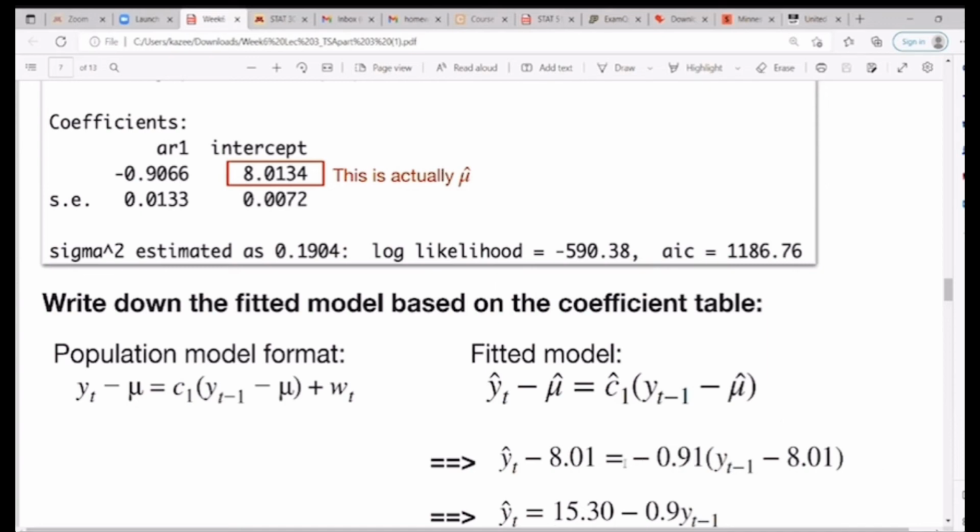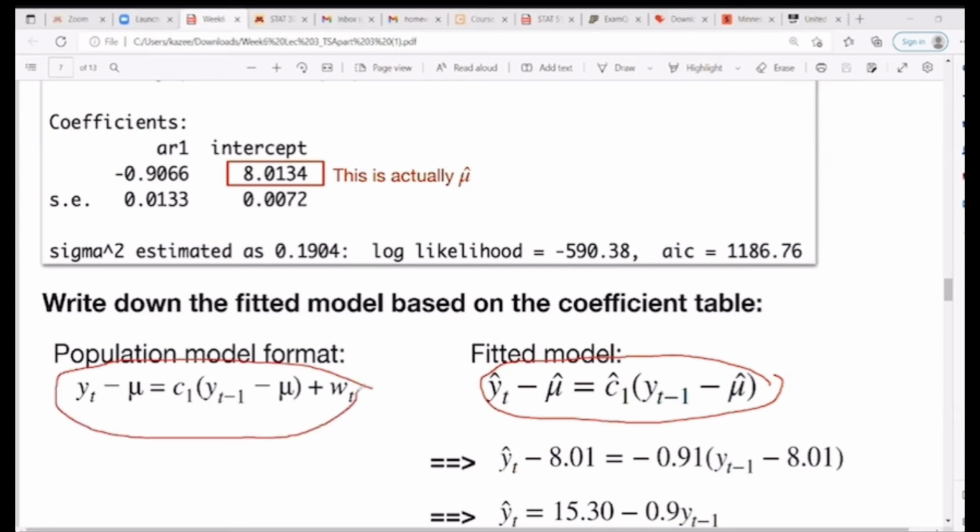It's easy now. This is a fitted model, the one we've been using before. Before, we were just assuming values for C1 and mu. The values we've been using are from the population, that's why it's the population model, with no cap. But now that we're working on the data set, they're going to have cap.